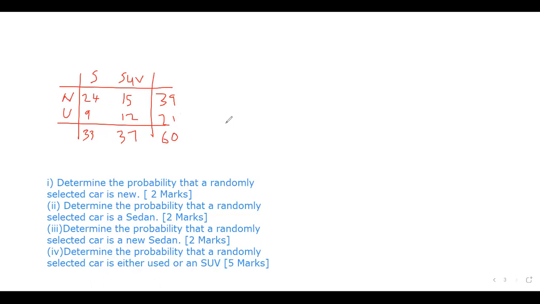So what are they asking for? The probability of new. So what is the probability of new?